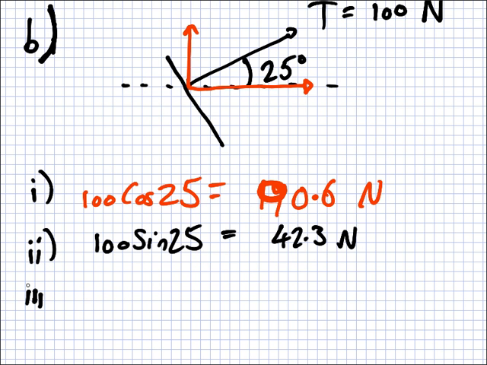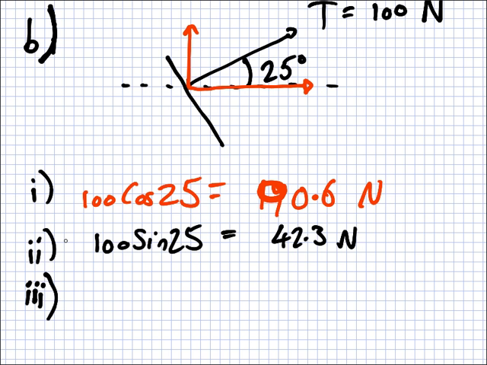B3. The angle the string makes to the horizontal is reduced whilst the tension remains constant. State the effect on the vertical and horizontal. Classic question from him. So he wants to know, if you reduce the angle, what happens to each component.